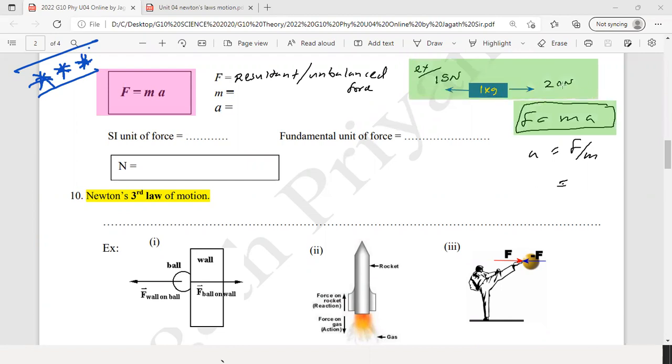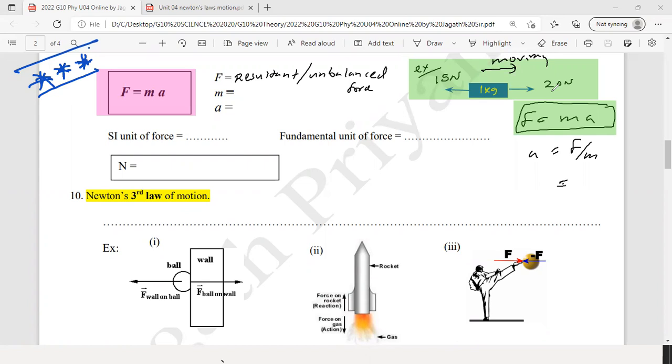Yes? Yes, Tisavi? 5. Yeah, correct. Very good. It's 5 Newton. How come 5? 20 minus 15. Because the resultant or the net effect is 5 Newton. So it will move to this side with 5 Newton force towards the greater force.